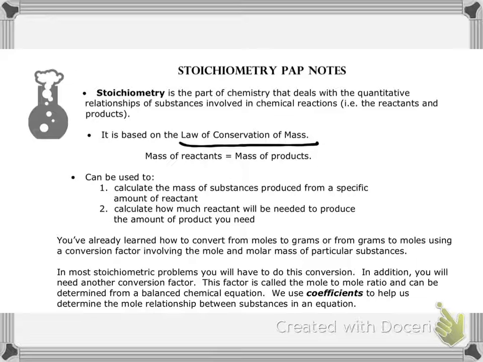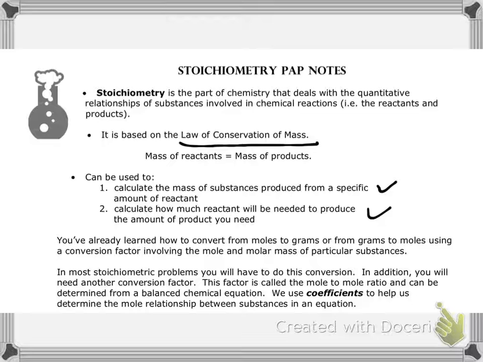We're going to not only use it to calculate the mass of substances produced from a certain amount of reactant, but if we want to make a certain amount of product, we can work backwards and figure out how much of a reactant we would need to do that. So there's a lot of ways to use stoichiometry. As long as you have that recipe, that balanced equation to start with, you can really find out the amounts of anything else that's part of that balanced reaction.